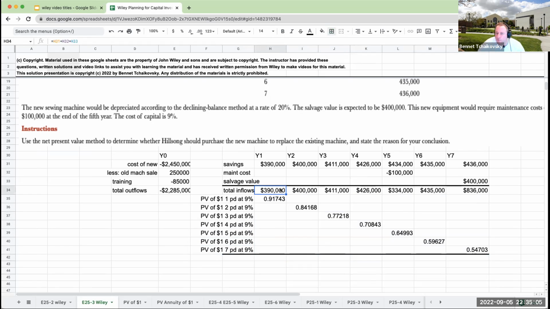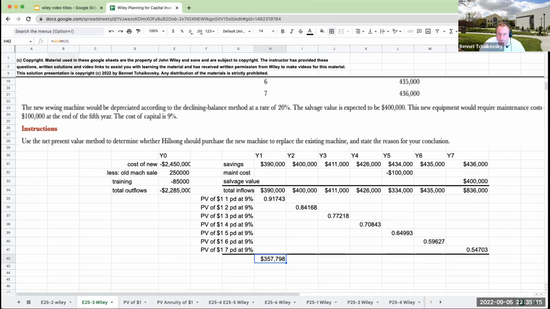Well, I'm now going to multiply my cash inflow year 1 by 1 period at 9%. So over here, I'm going to basically multiply this through. This is going to be 400,000 times 0.84618. This is going to be 411,000 times 0.77218. This is going to be 426 times 0.70843.